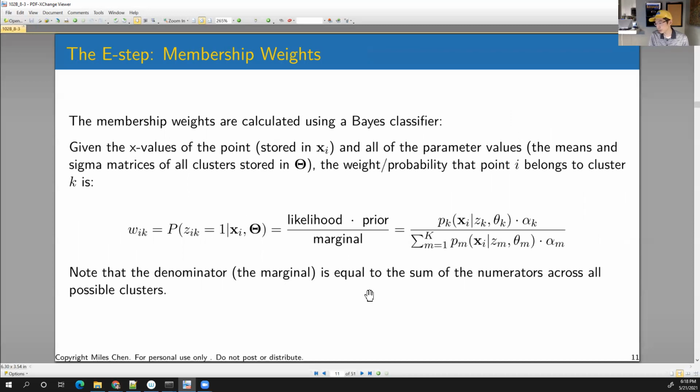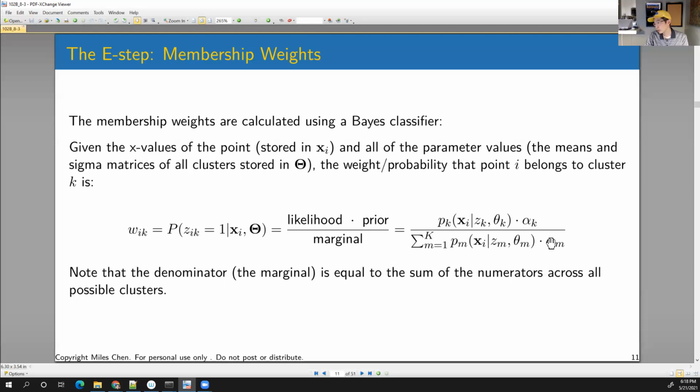Okay, all right, so again, when we calculate the membership weights, we're going to calculate it using a Bayes classifier. And so, we're going to say, given the X values in the point and all of the parameter values, the mean and sigma matrices of the clusters, we're going to calculate our membership weight, right? And so we're going to do this by doing the likelihood times the prior divided by the marginal.